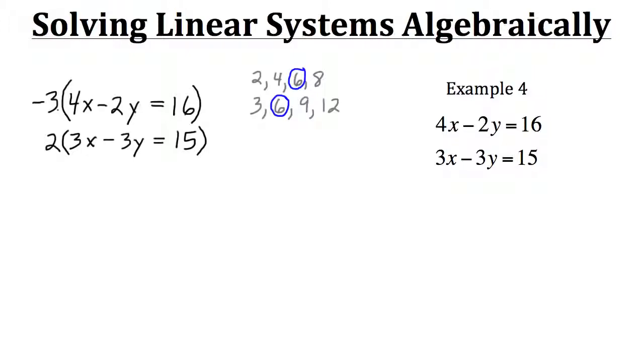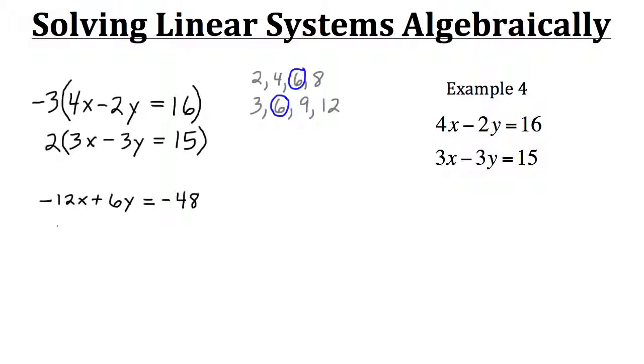So a -3 times 4x gives us -12x, and then -3 times -2y gives us a positive 6y, and then the -3 times positive 16 gives us a value of -48.